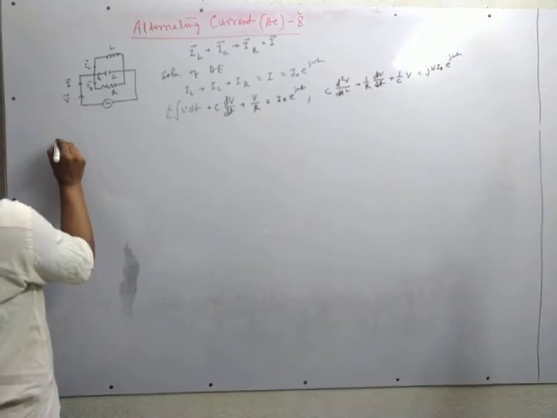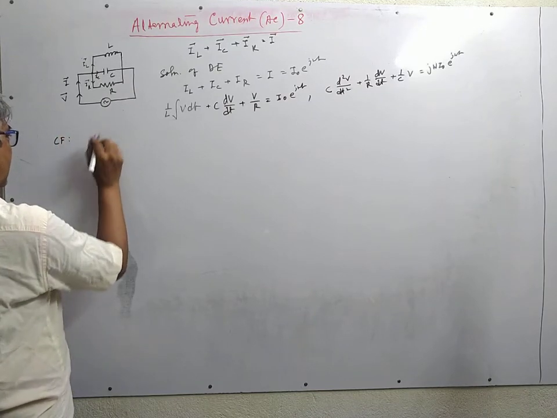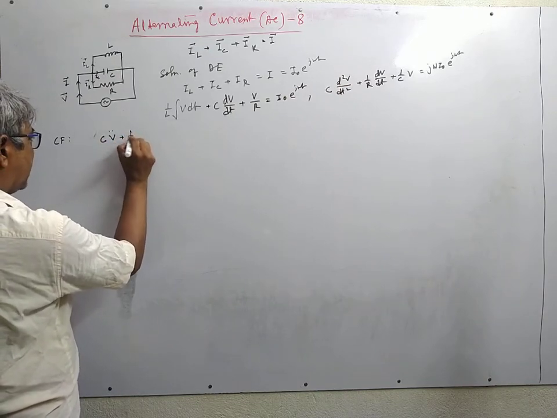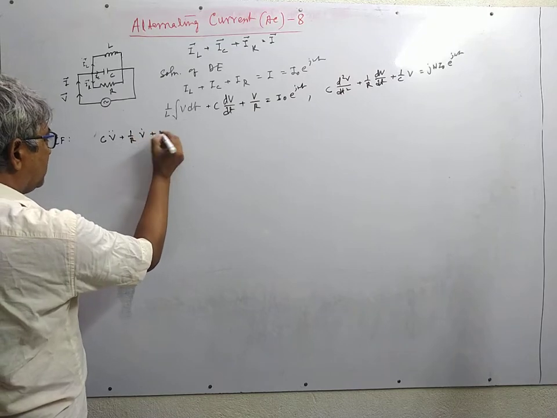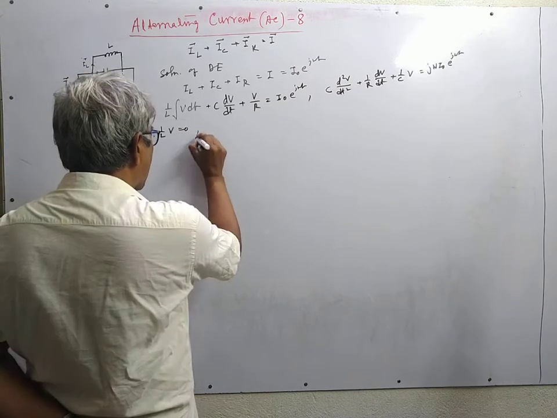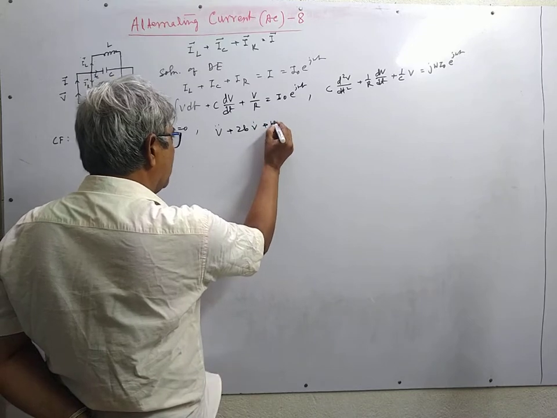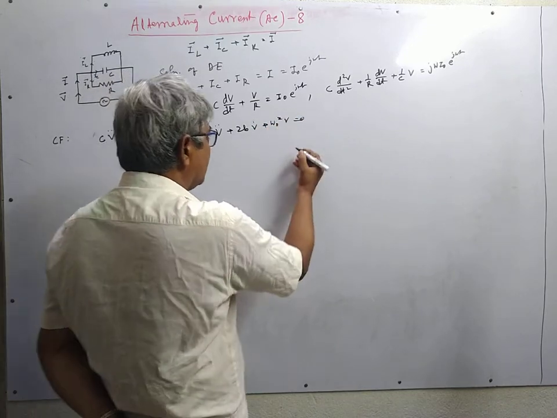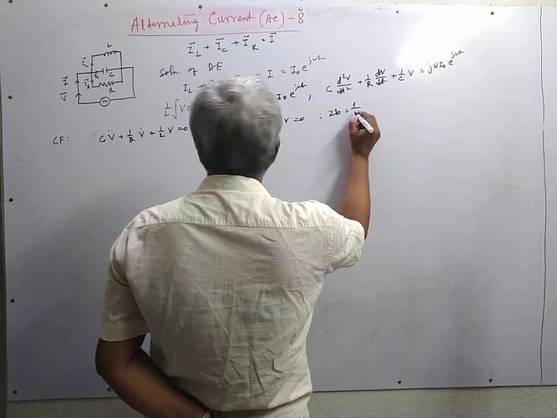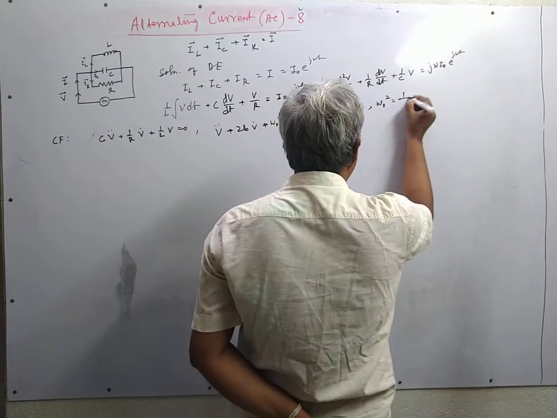Its complementary function is C V double dot plus 1 by R V dot plus 1 by L V is equal to 0. We rewrite it as V double dot plus 2b V dot plus omega 0 square V is equal to 0, where 2b is equal to 1 upon RC, and omega 0 square is the same as for the series circuit.